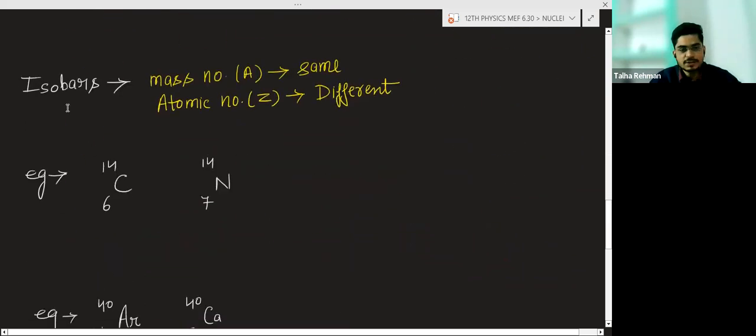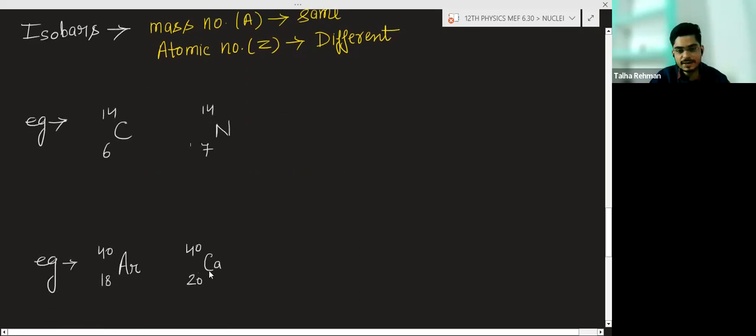So the next topic is isobars. In the case of isobars, the mass number remains the same, but the atomic number is different. For example, this is the example of isobars. This is the carbon atom, this is the nitrogen atom. So you can see the mass number is the same, but the atomic number is different.